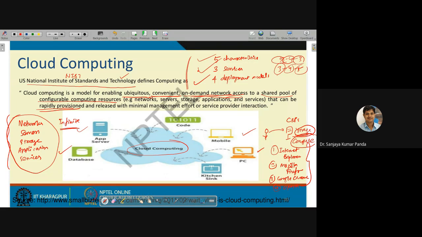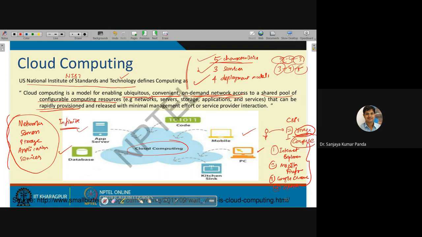So although these are the different characteristics specified by NIST, apart from these 5 characteristics, a number of others have been suggested by various researchers and various companies. They have suggested different types of characteristics based upon their usage and their view of cloud computing, right?